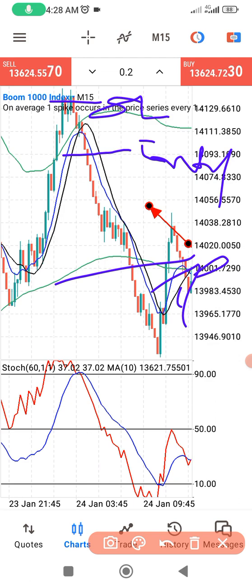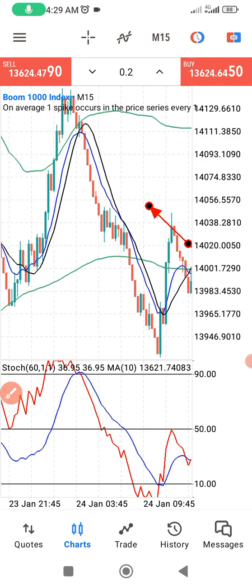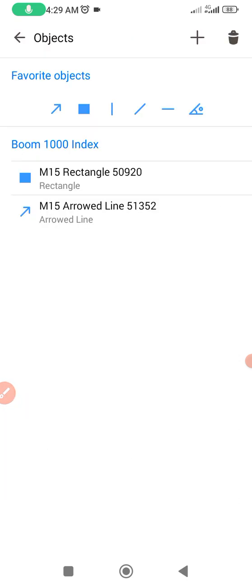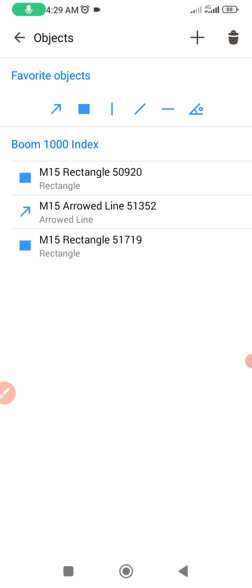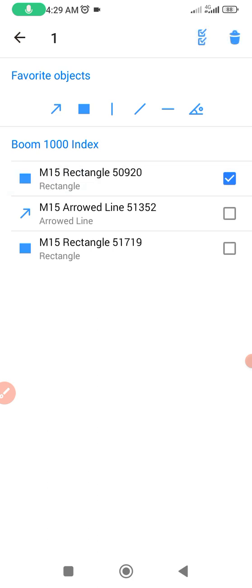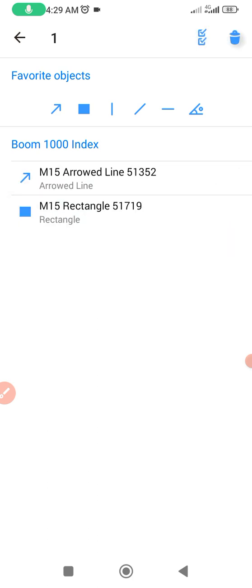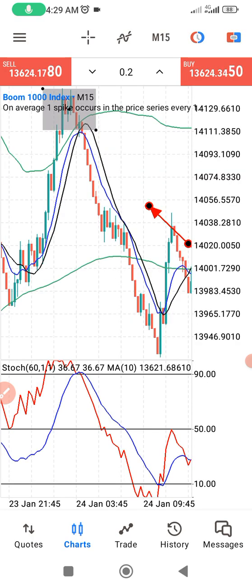Very important. Very, very important is that this must happen now. If you are going to make this entry, it must be on 15 minutes, not 5 minutes.